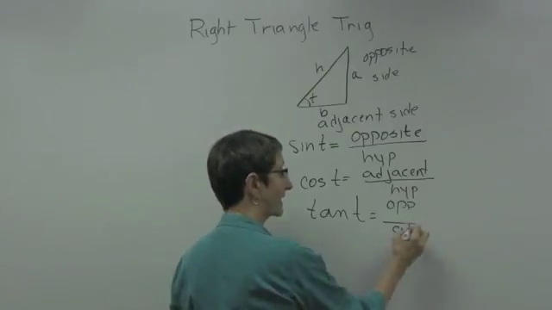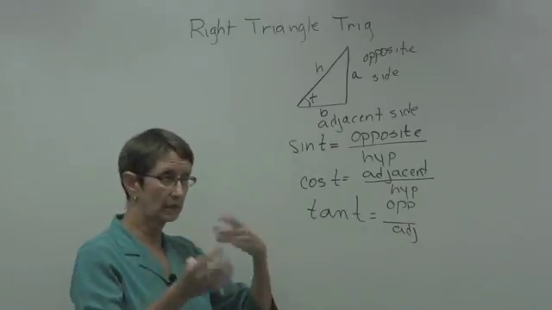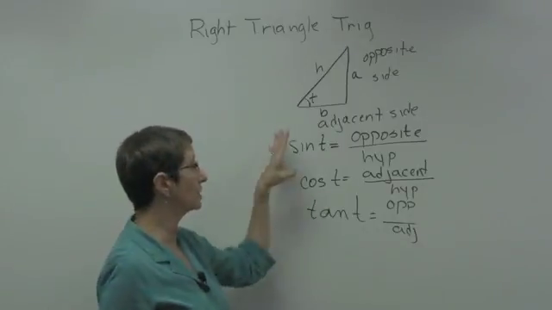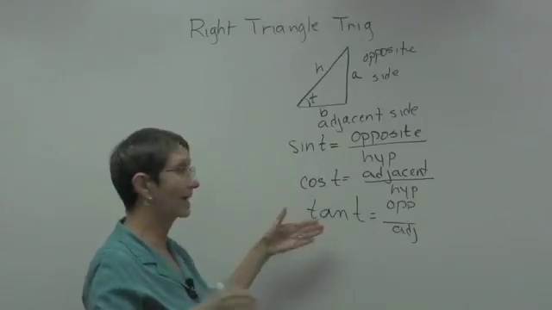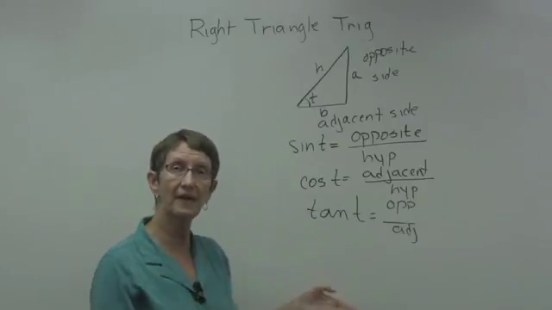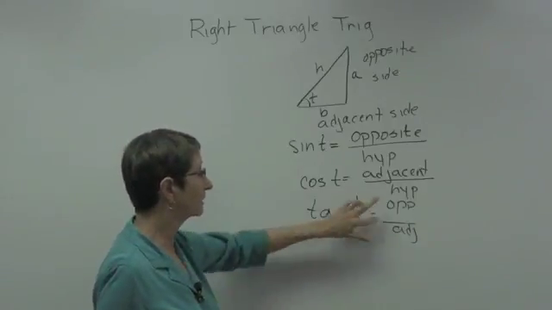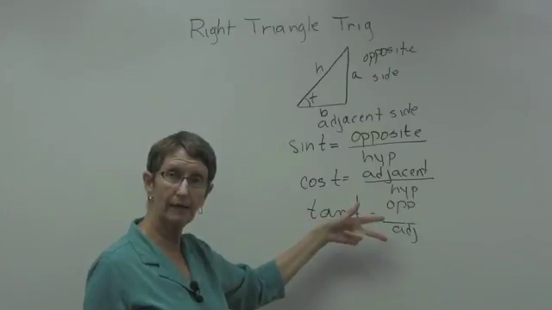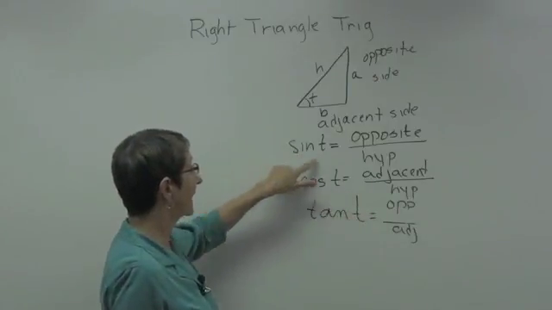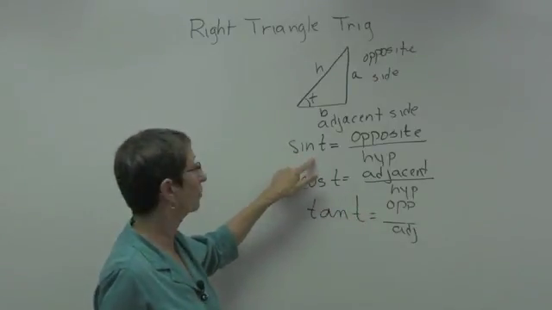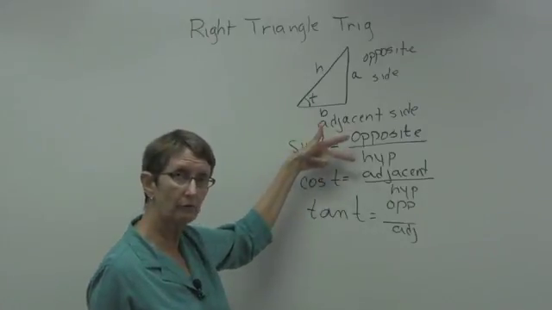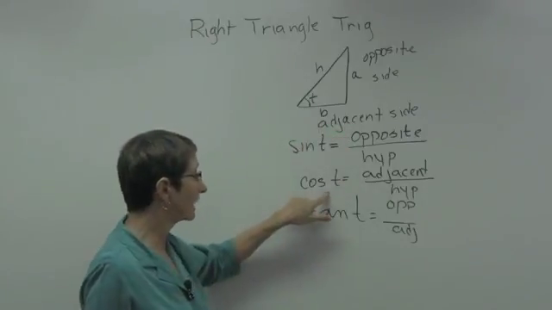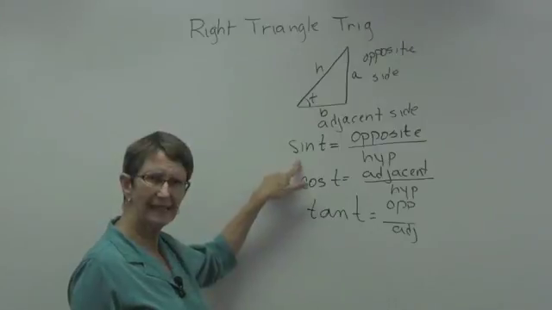Now, you can memorize that, but with a lot of these others, I just recommend you know sine and cosine and get the other functions from that. Cotangent would flip tangent.